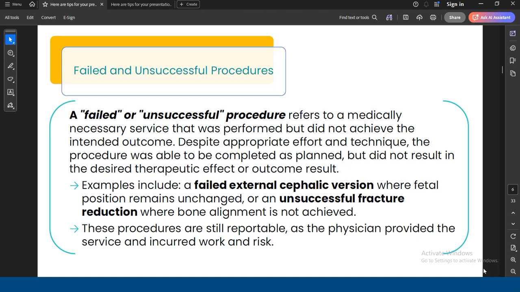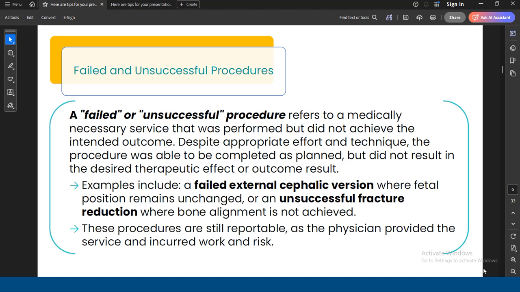But even though physician will perform external cephalic version multiple times, still baby is in the breech position. So that time we need to use failed and unsuccessful procedure modifier. Even though patient is in the breech position, we need to use complete CPT code here. Why means here physician has provided the service and incurred work and risk.